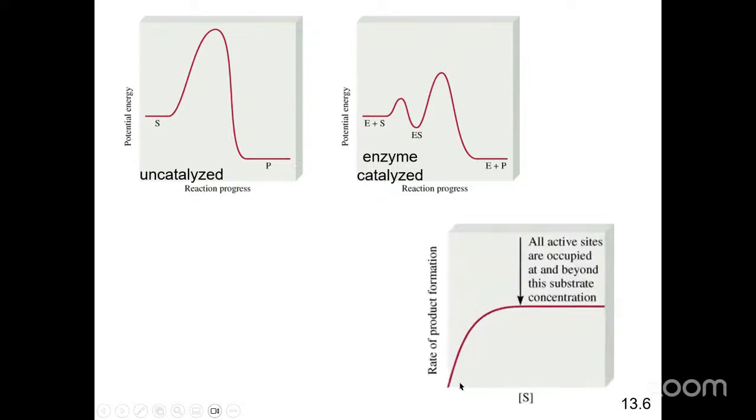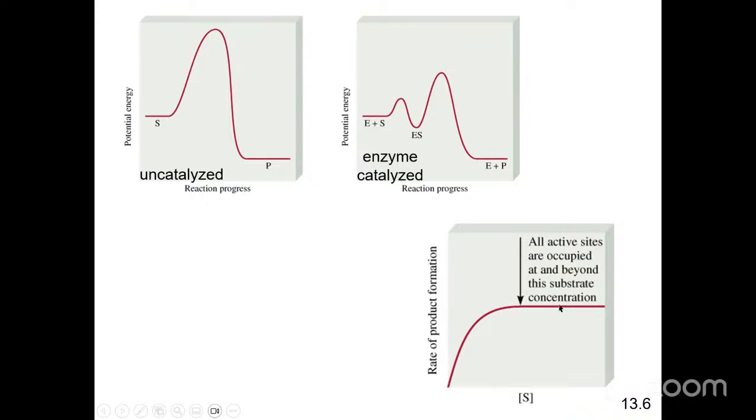And then if you look at the rate of product formation versus the concentration of substrate, what you'll find is that when you increase the substrate concentration, the rate increases, which comes as no surprise. But you get to a point where when you increase the substrate concentration further, the reaction rate remains the same.